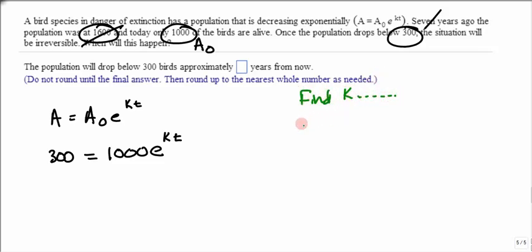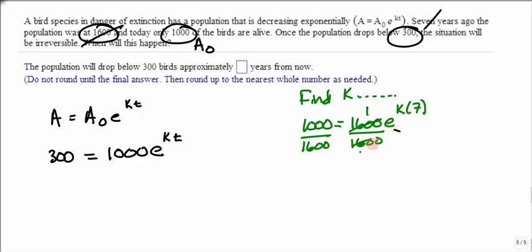So 7 years ago my population was 1,600, and now it's 1,000. So this is my initial value, this is my ending value, e to the k, and this happened in 7 years. So what we can do now is solve for K. So we divide both sides through by 1,600, and you have to be careful here because you don't want to do any rounding.